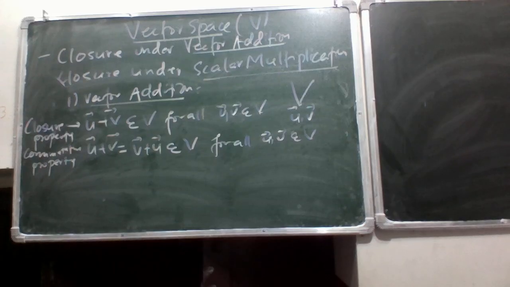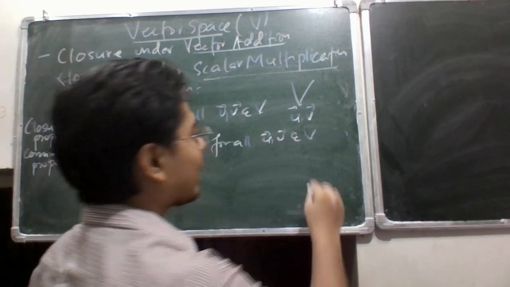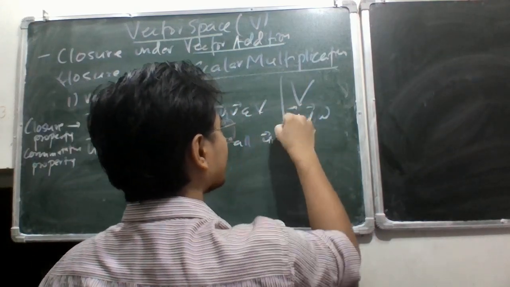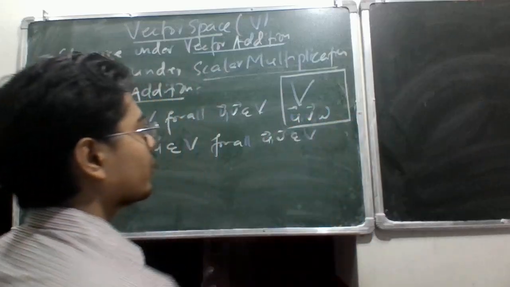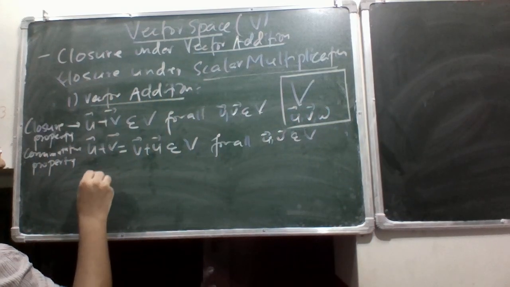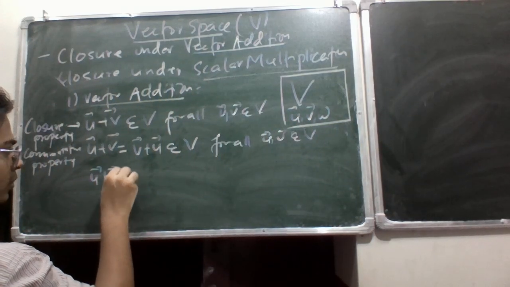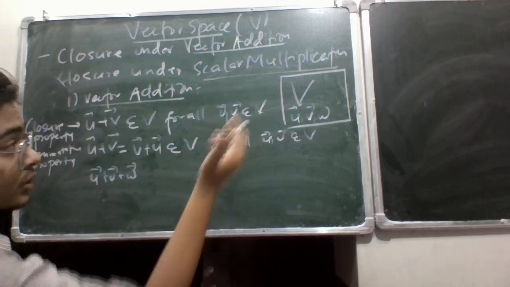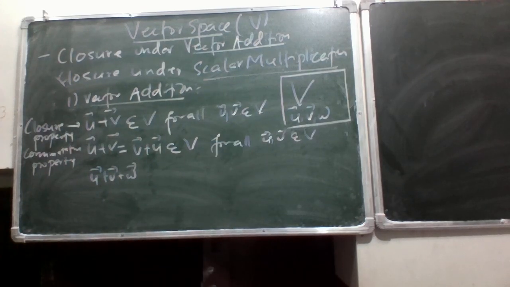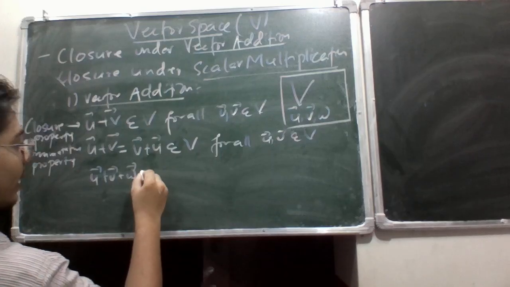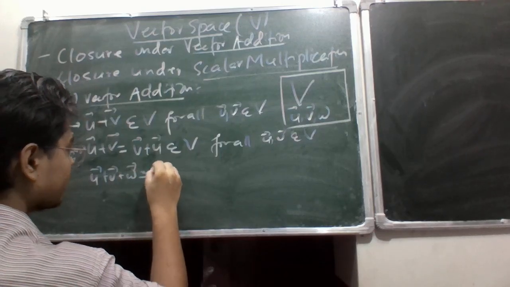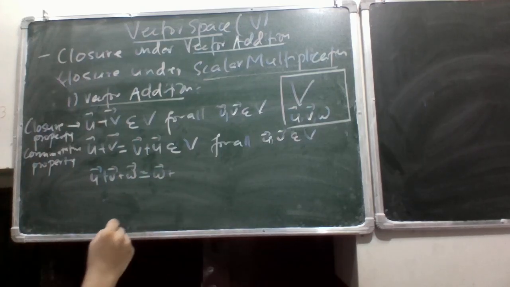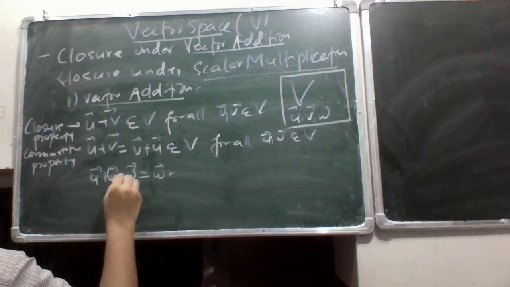The third one is now we add another vector to this vector space. If we have that, then we can write this, and it turns out this also belongs to that vector space, and it is associative. Let me write this.